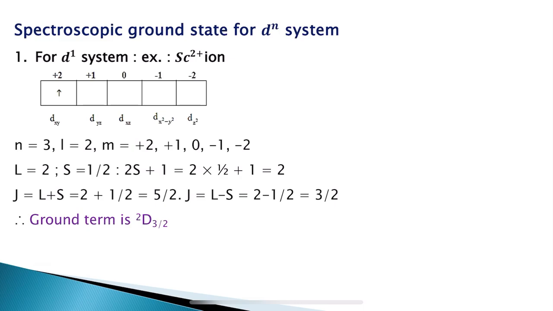So when the spin of an electron is more, it has the most stable state, and the stability decreases as the spin decreases.